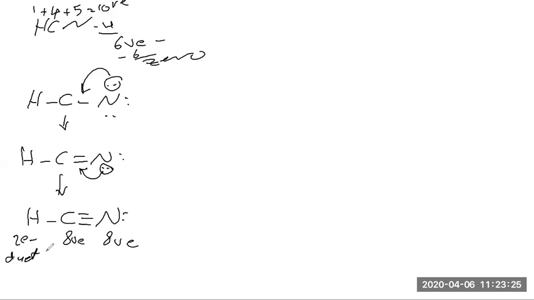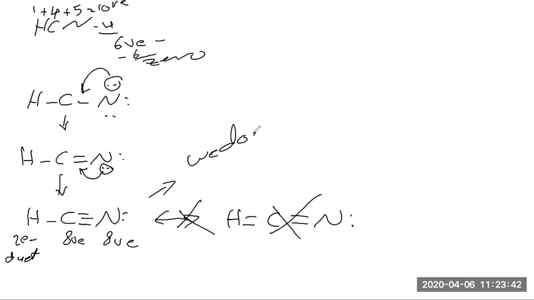Is it possible to have, for example, H double bond C, double bond nitrogen like this? No, that's impossible because hydrogen is satisfied with only 2 electrons. So we don't have resonance here.